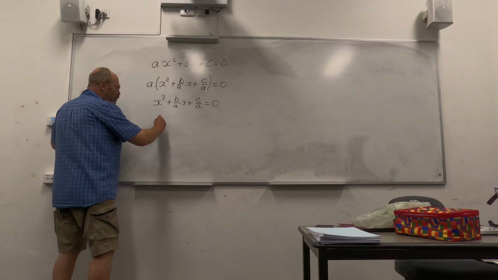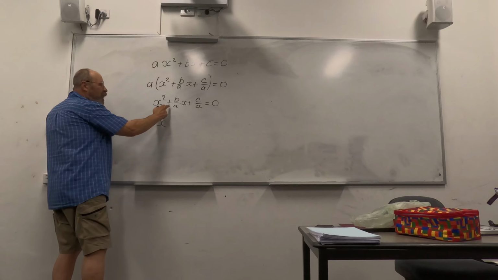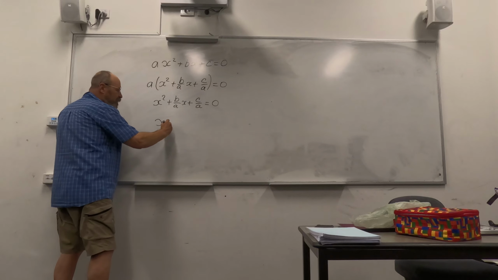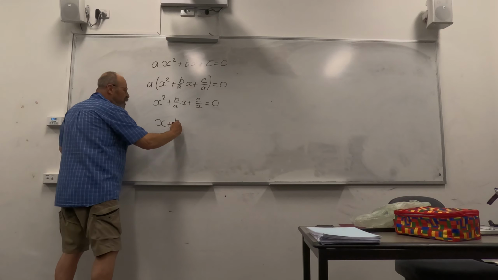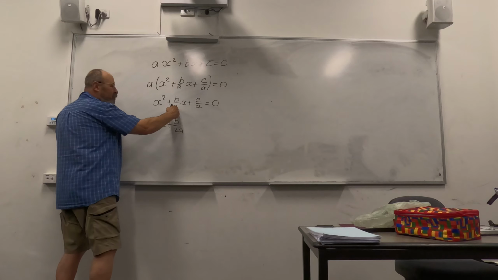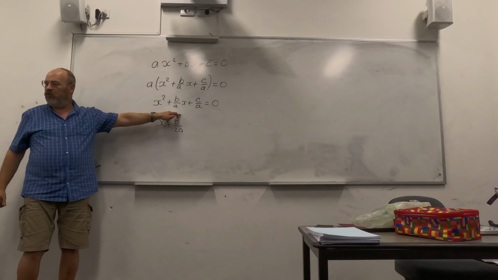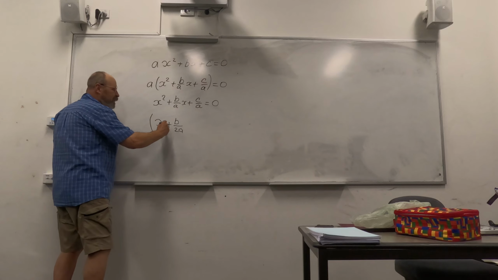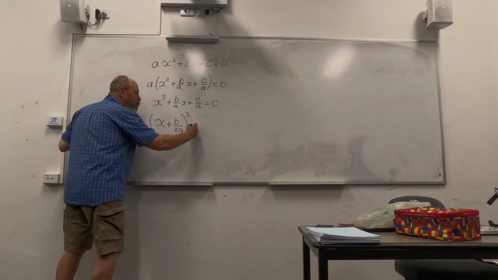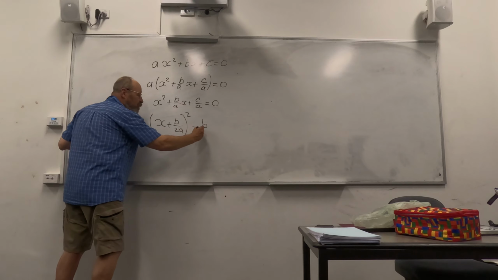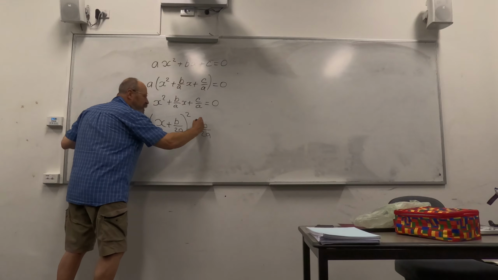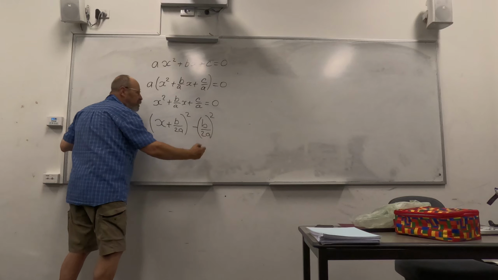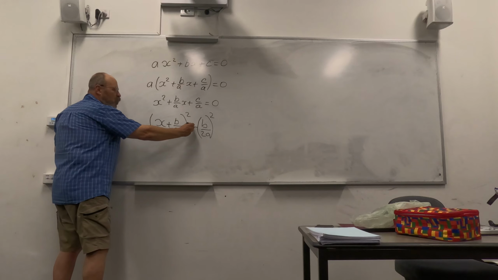So we have x plus b on 2a. We need to half the coefficient of x, so x plus b on 2a squared, minus the same number, b on 2a squared, and that has to be minus always.